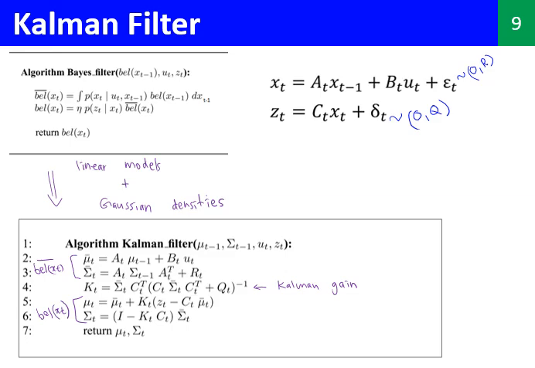So I hope you saw the correspondence between the Bayes filter and the Kalman filter. Initially we have bel xt bar in the form of mu t bar and sigma t bar. Then we have some intermediate term called the Kalman gain, and finally we have bel xt in the form of a Gaussian again with mu t and sigma t.